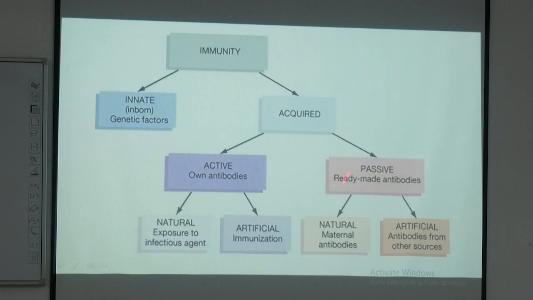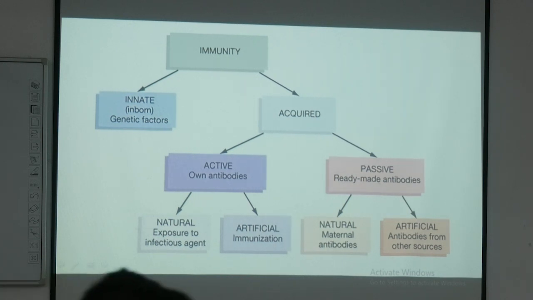Then we come to passive natural. So there are 5 kinds of immunoglobulin, GAMDE. Generally, only IgG can be passed through from the maternal circulation to the fetal body.